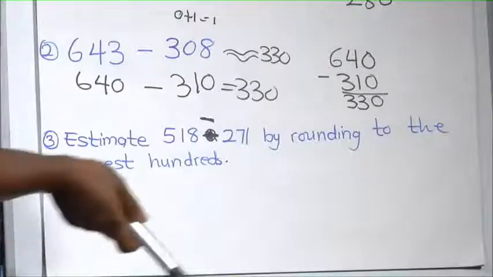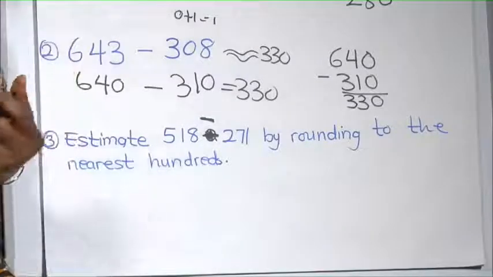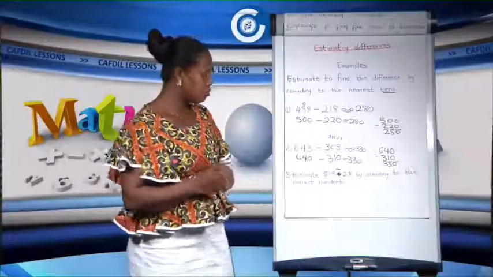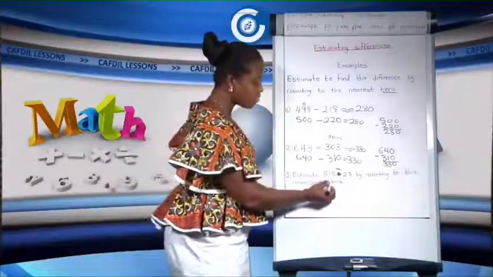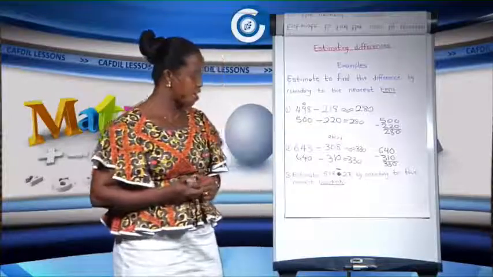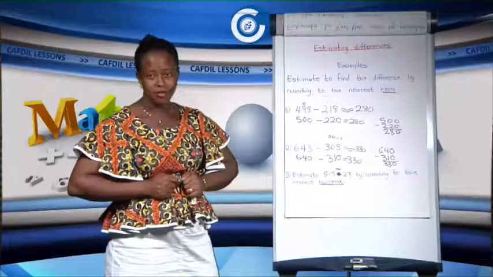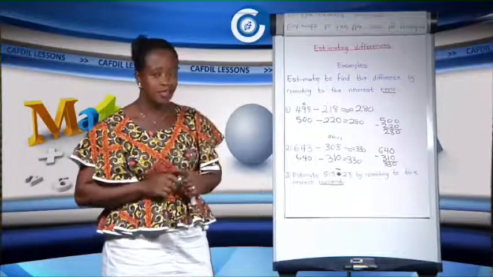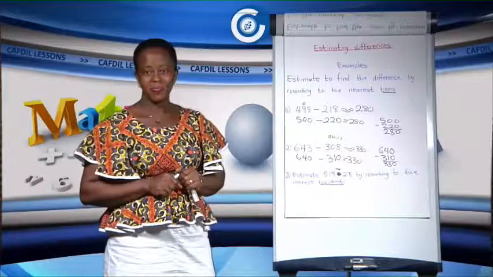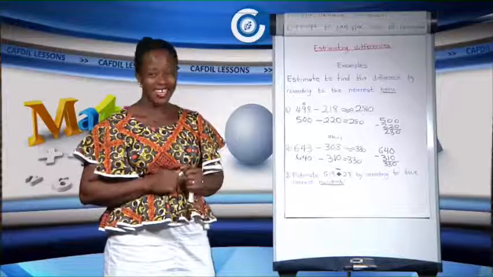Remember, the first one, we rounded it to the nearest tens. So you have to take note of this. We are rounding to the nearest hundreds. I want you to try this for me. You have just 30 seconds, and it starts now.